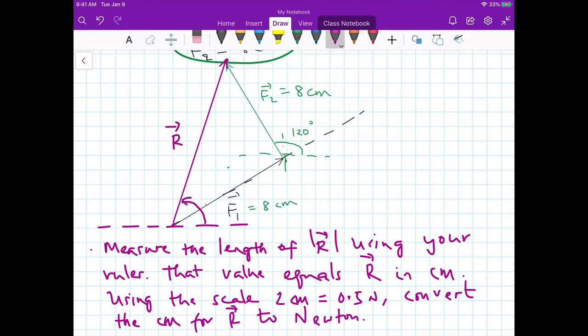Let's call that theta for R, using your protractor. Voila, that's it. You found your resultant vector using the graphical method. Okay, that's how you will proceed.